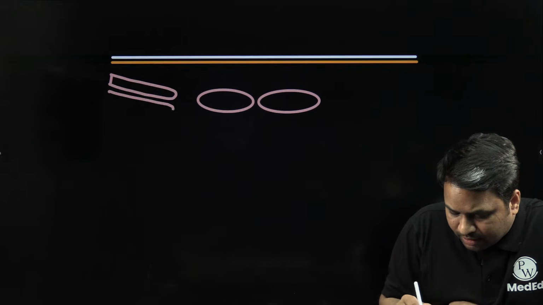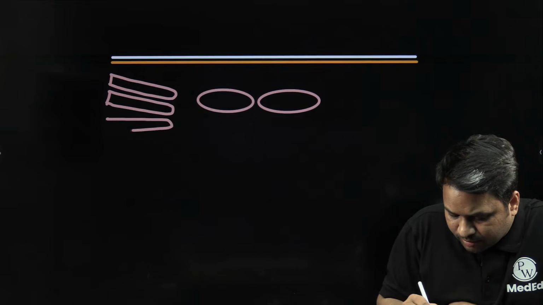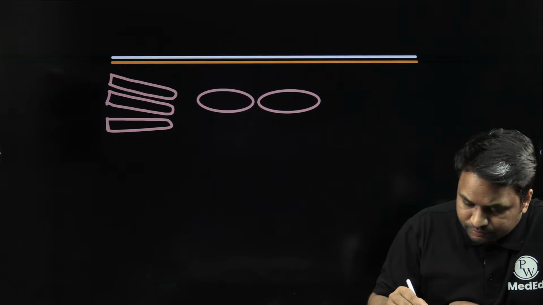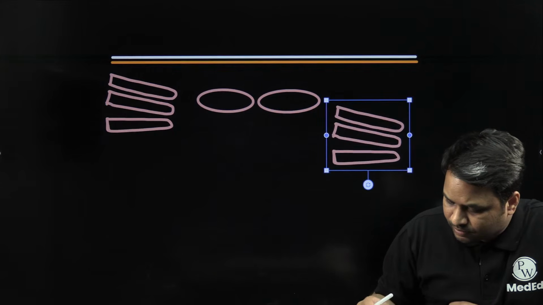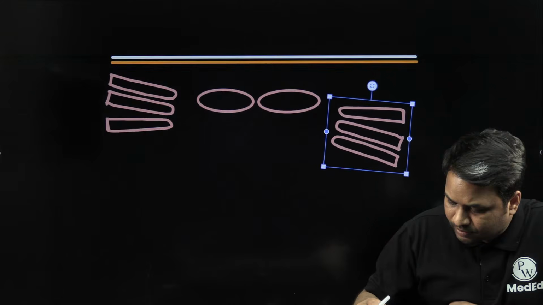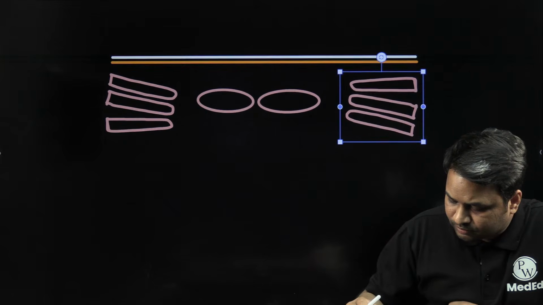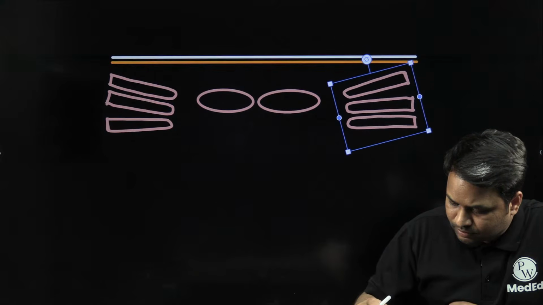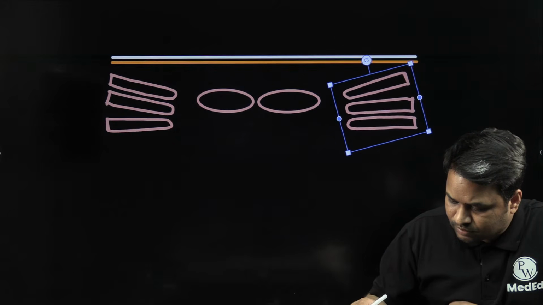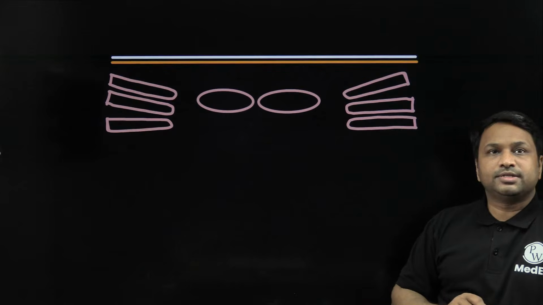This is your internal oblique muscle. This is your transverse abdominis muscle. The same orientation on the other side as well.